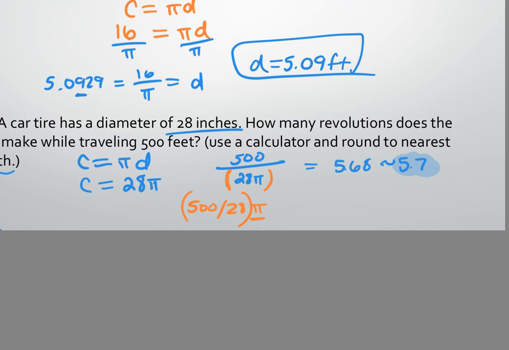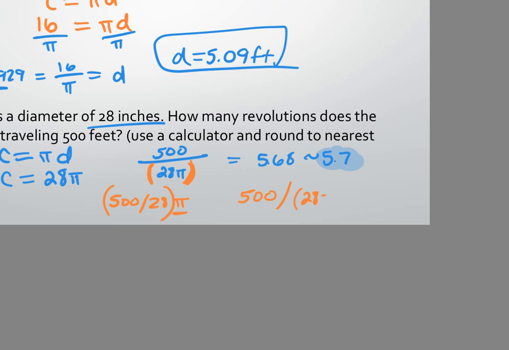You put it in parentheses, or you multiply 28 by pi first and then do 500 divided by that answer. So I think it's easiest to use your parentheses. So I would do 500 divided by, open the parentheses, 28 pi on the calculator. Or you do 28 pi, you get an answer from that, which is 87.9645, and so on.